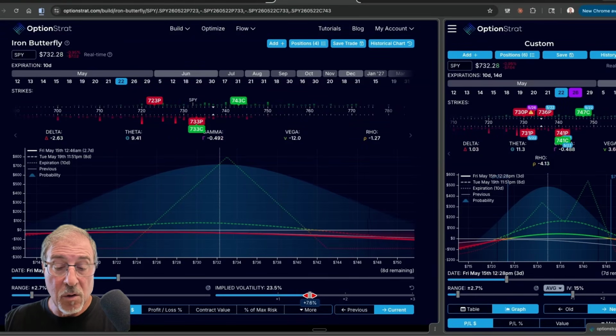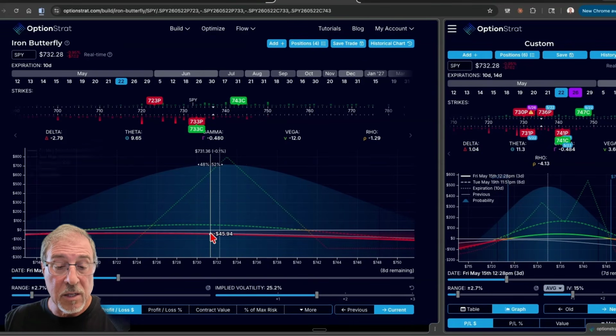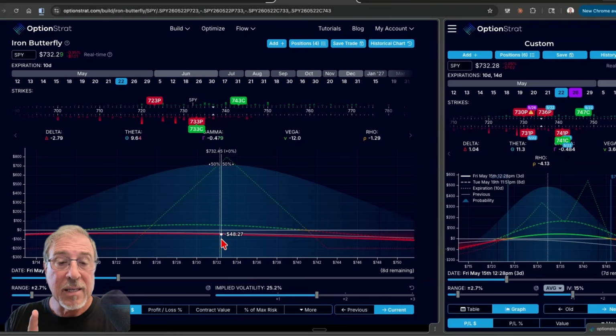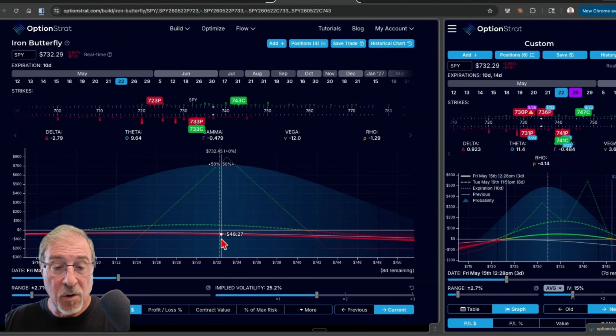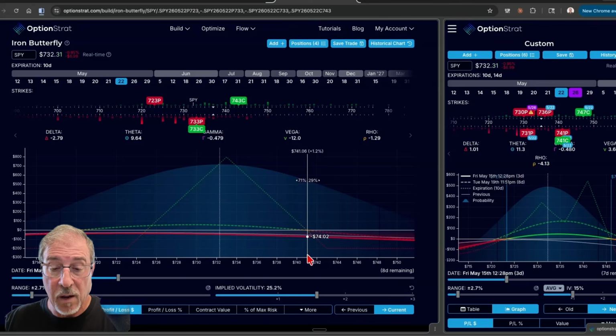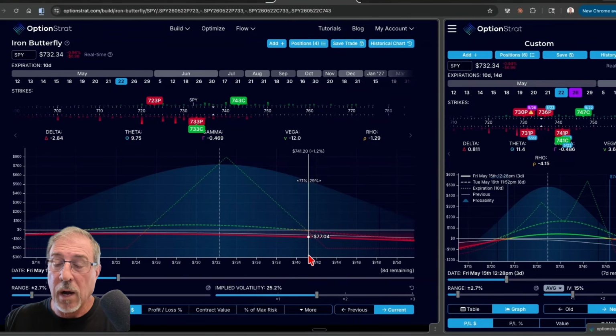This starts to lose money. If our volatility spikes up to just, let's say, 25%, even though we're right in the center of the tent, this trade is now down. You'll also notice that our break-evens didn't change. Our break-evens are still here at 725 and 741, roughly about 15 points wide or so.